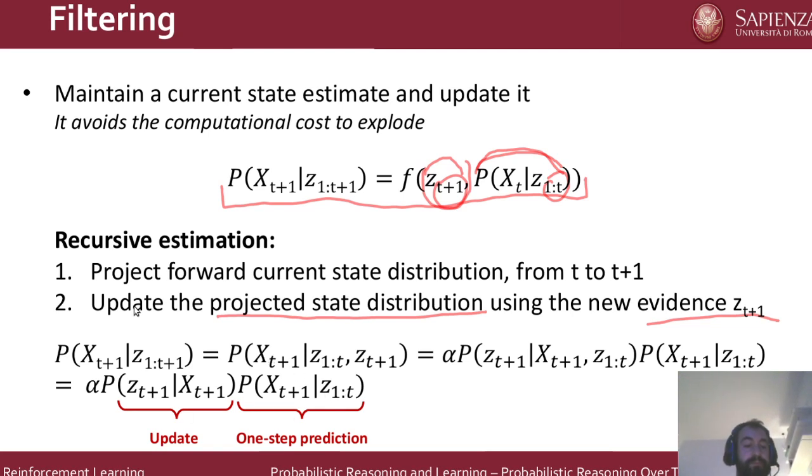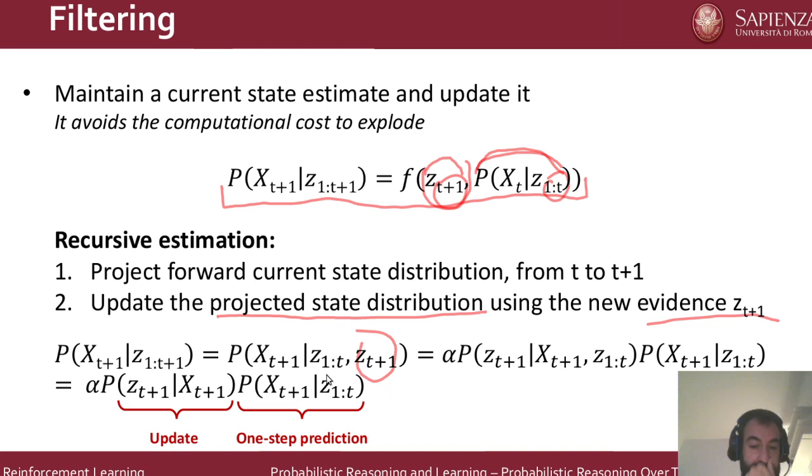So if we write the probability of the state at t plus 1 given the observations from 1 to t plus 1, then this will be the same as getting the probability of the state at t plus 1 given the evidence until time t, and incorporating the new one. Well, we didn't do anything weird here.